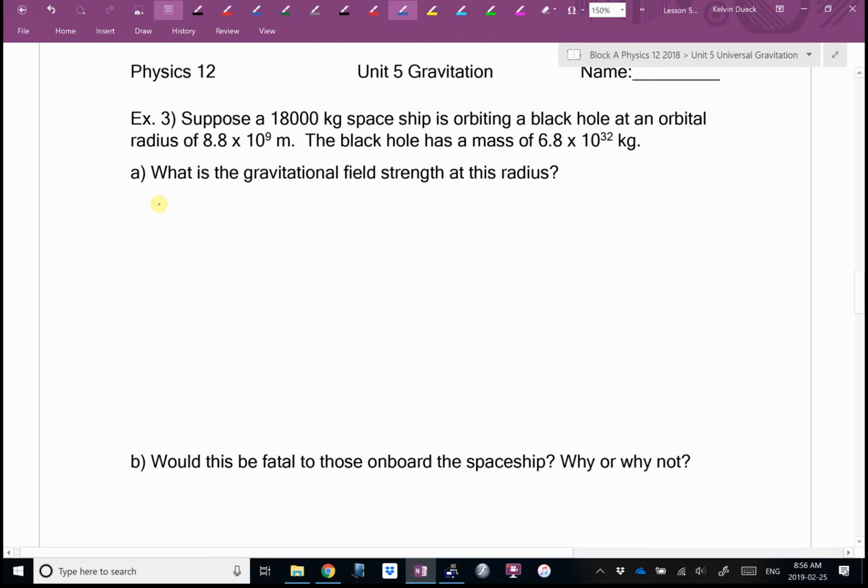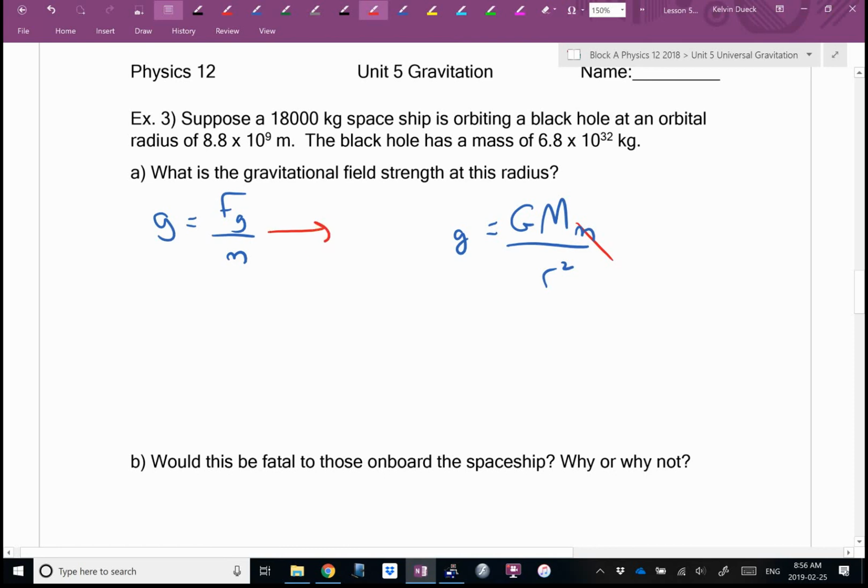Basically, if you take the universal gravitation equation and you divide it by little m, then the little m would cancel, and that's really your gravitational field strength equation hidden in the gravitational force equation.